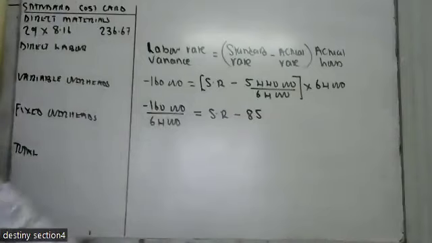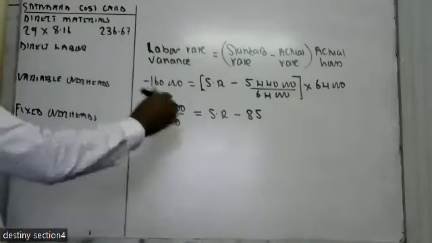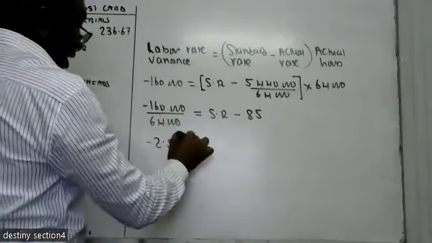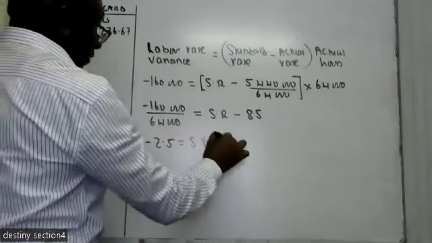You divide. Negative 2.5 is SR minus 85.